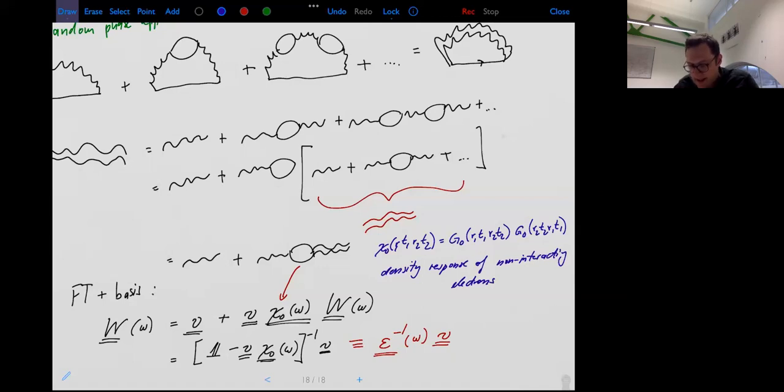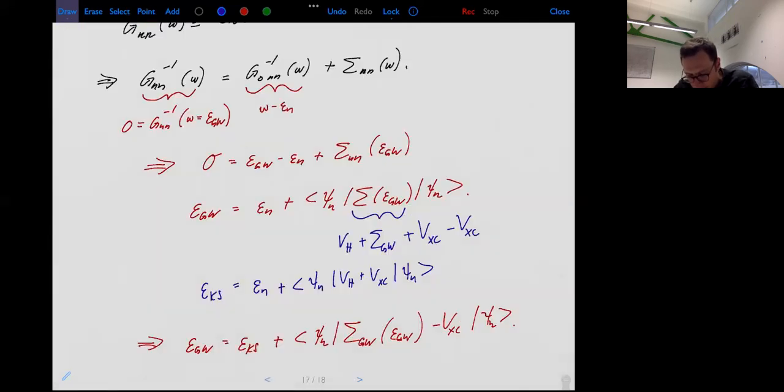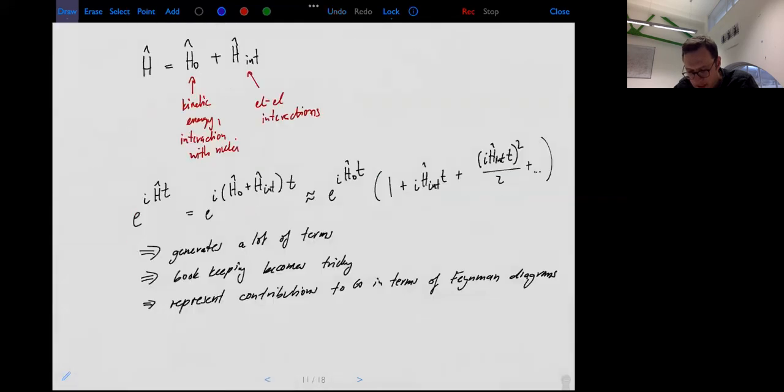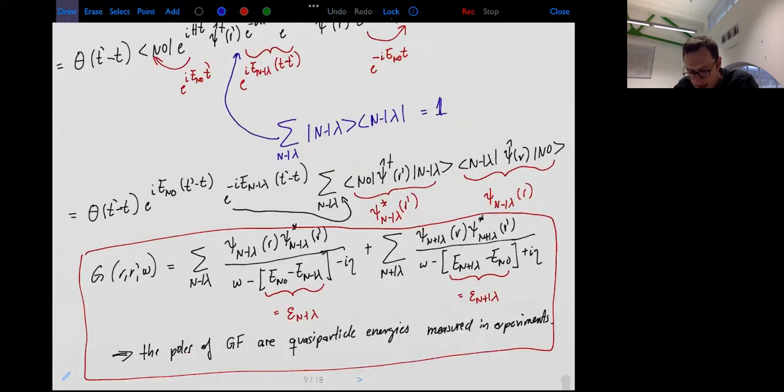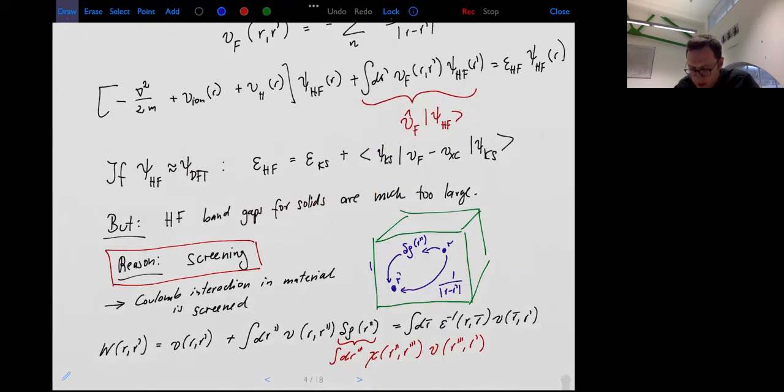And again, if we go back to how we introduced screening in last week's lecture, what we did was something not too dissimilar. We said that the screened interaction is the bare interaction plus the contribution from this polarization charge density delta rho, and the polarization charge density is described by this density response function chi.